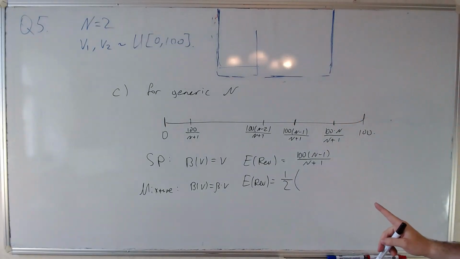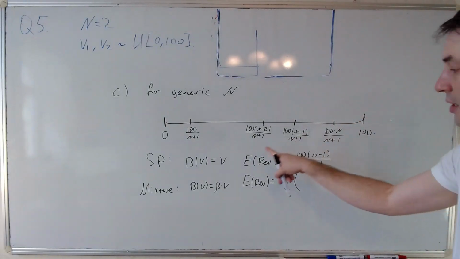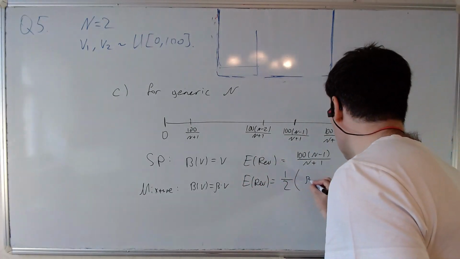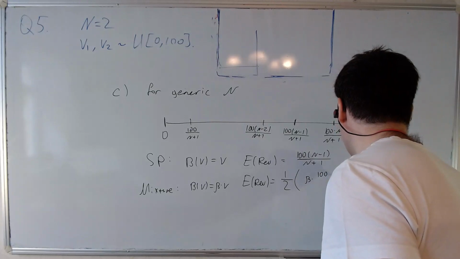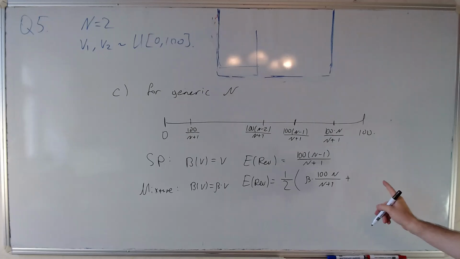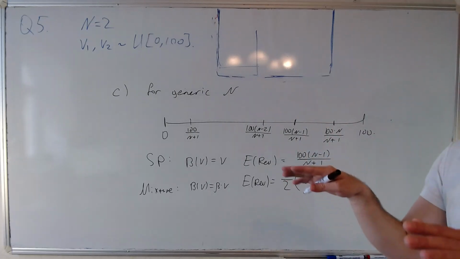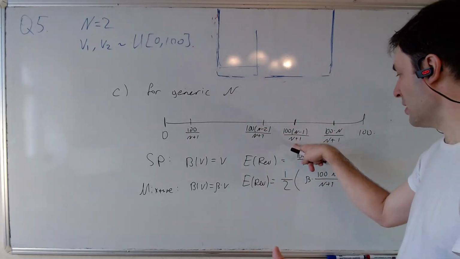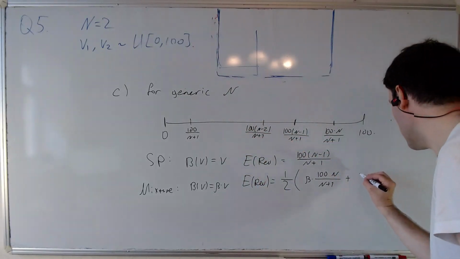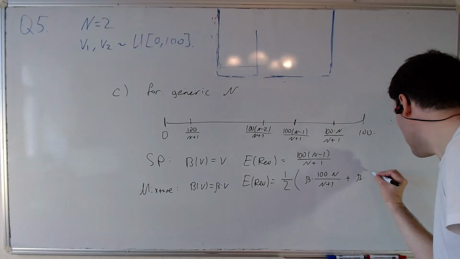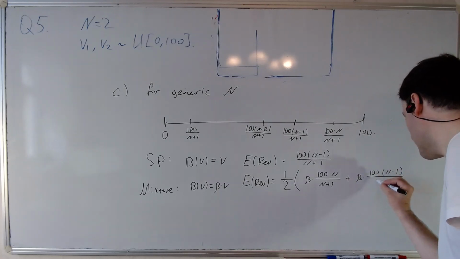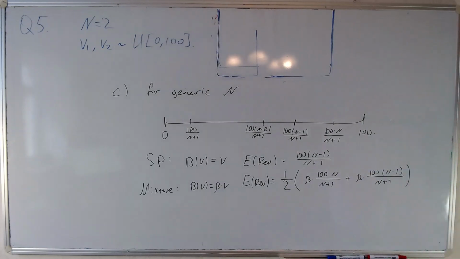The highest bidder will have this value and will bid beta of that value on average, plus the arithmetic average of the second highest, because you take the winning bid and the highest losing bid and average them out. That bidder on average would bid the second order statistic. Okay, so that's our revenue.